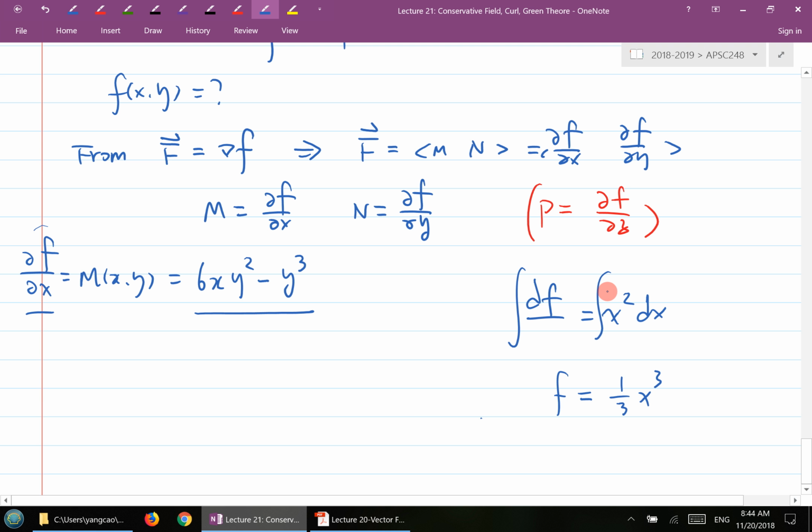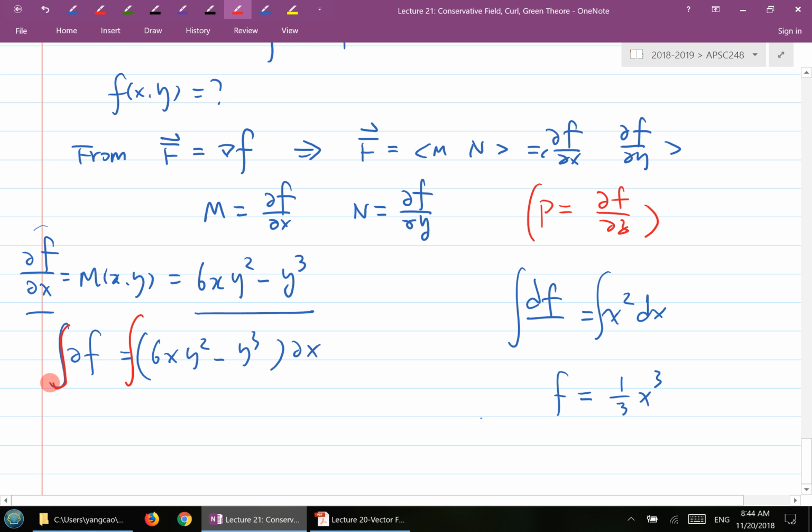So I can multiply the partial dx over here. This is not rigorous writing, and you don't have to write this step. Basically, the idea is you move this dx to the other side and then integrate both sides.